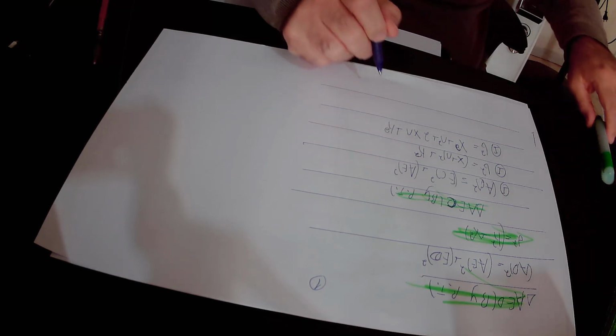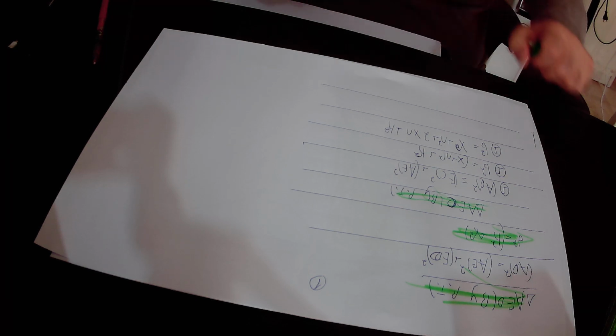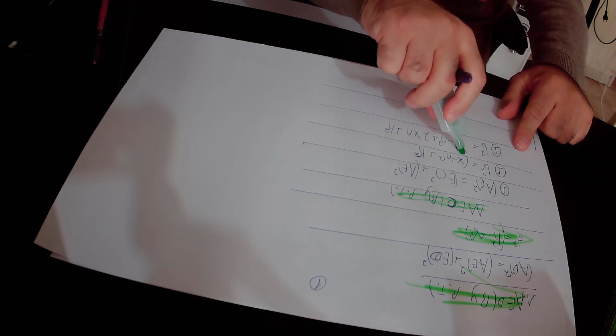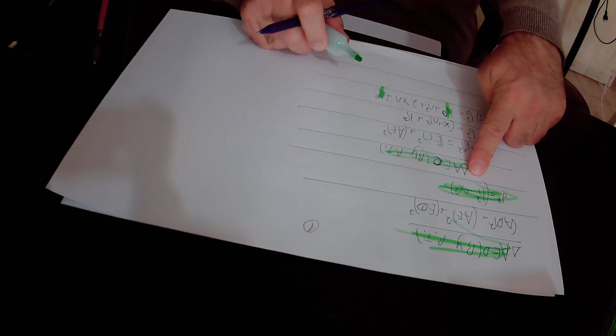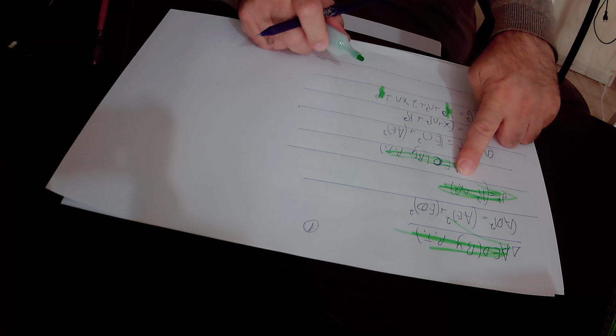So in this equation number 1, we have the expression x squared plus h squared. And we already found out that h squared plus x squared equals d squared.